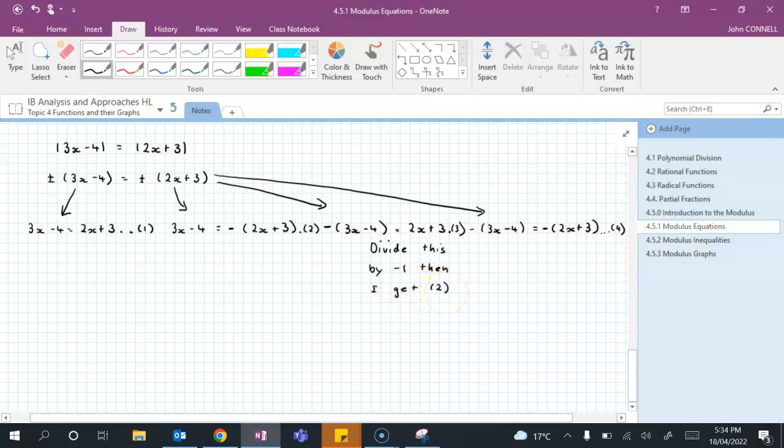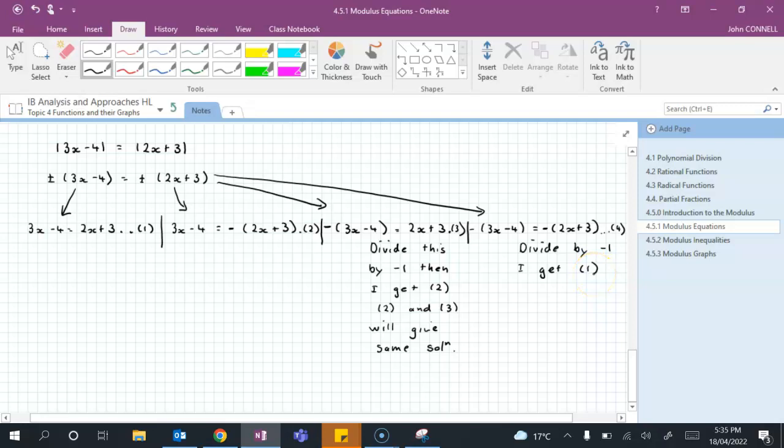So there's nothing actually different between 2 and 3. So 2 and 3 will give the same solution. Now, the same with this one. If I divide this one by minus 1, then I get 1.